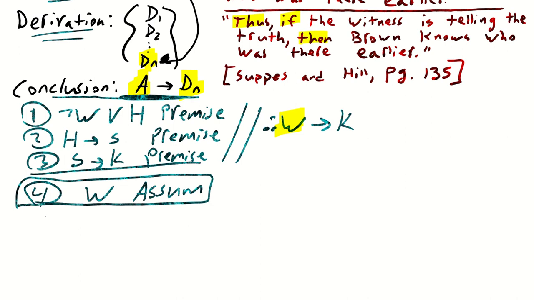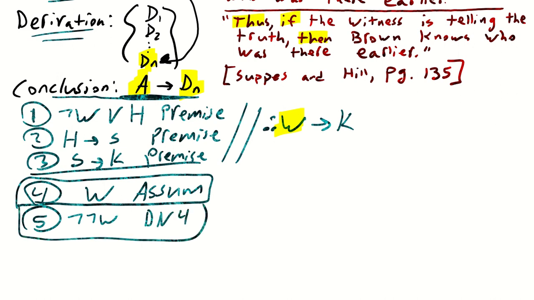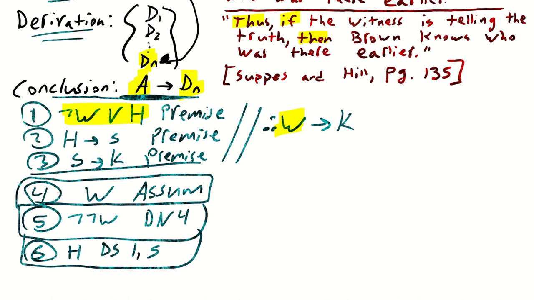And then for 5, let's see, we can get a not not W by double negation of line 4, because then we can work on that first premise. Because we have a disjunctive syllogism, we're saying not W is not the case. So for 6, we can get H by our disjunctive syllogism with lines 1 and 5.